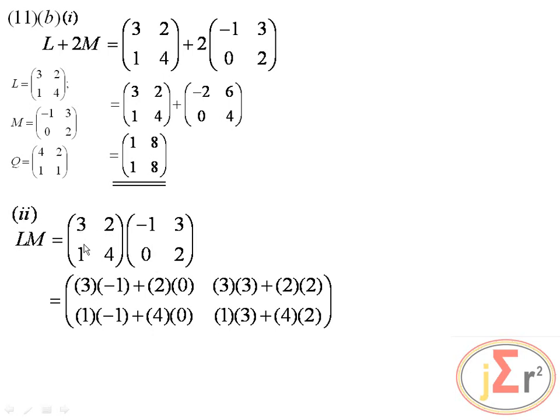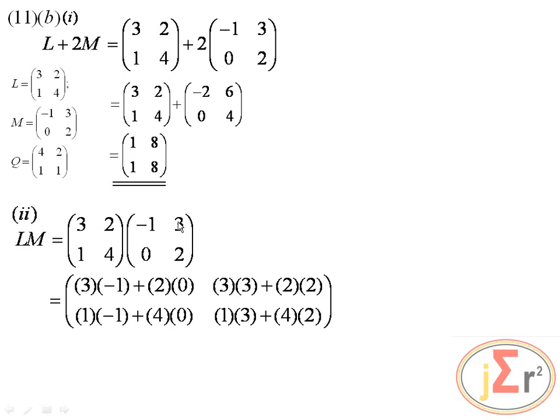Then the upper with the right, the answer goes to the upper right. So 3, 3, 2, 2. Then the lower with the left goes to the lower left. We have 1, negative 1, 4, 0.